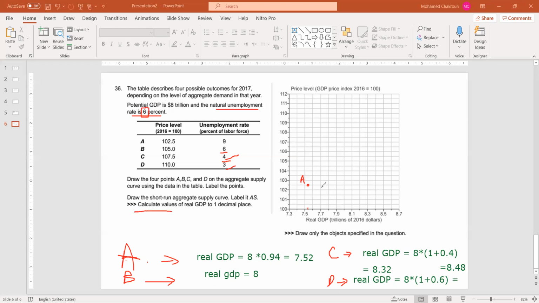Here you are asked to calculate values of real GDP to 1 decimal place. So here it becomes 7.5, here 8.5, and here 8.3. So we need to take into consideration every time all the instructions.